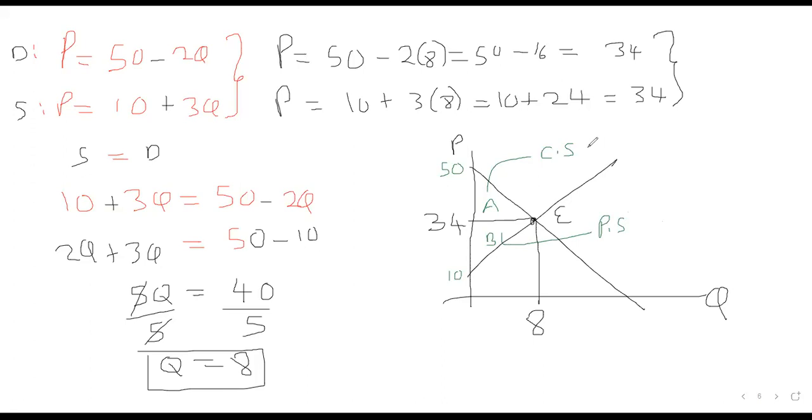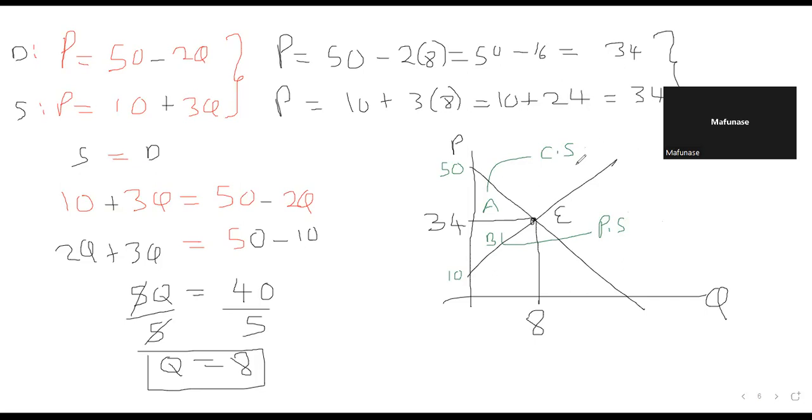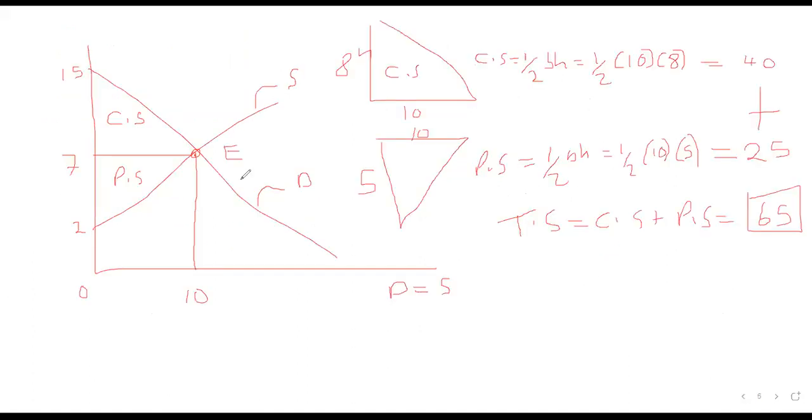So what is the formula? How did you determine that? The area under the demand function is called the consumer surplus, as in the notes I was explaining just now. And the area above the supply is called the producer surplus.